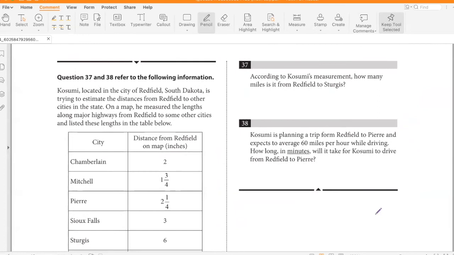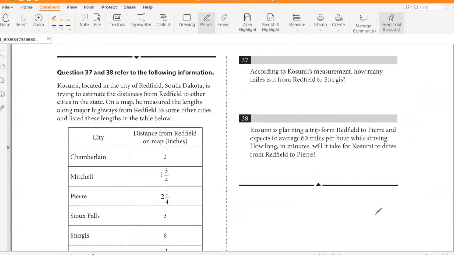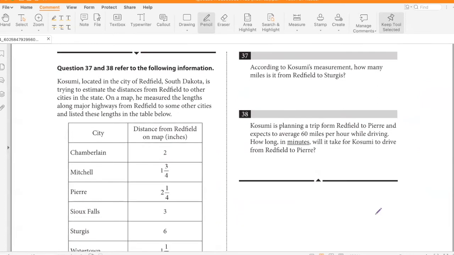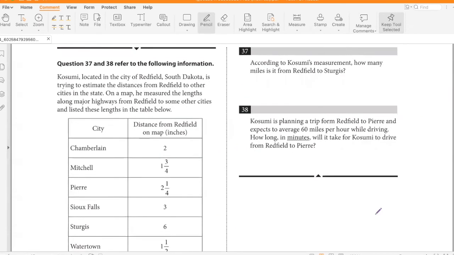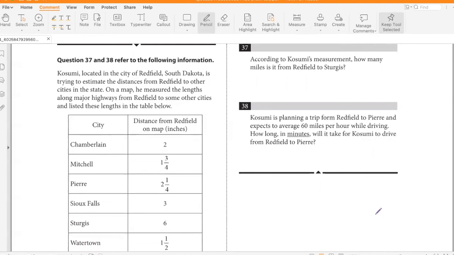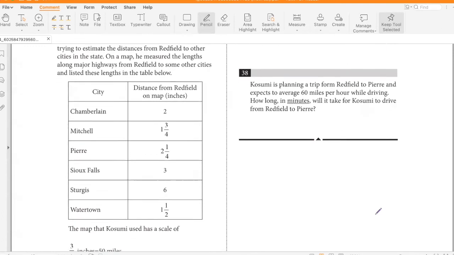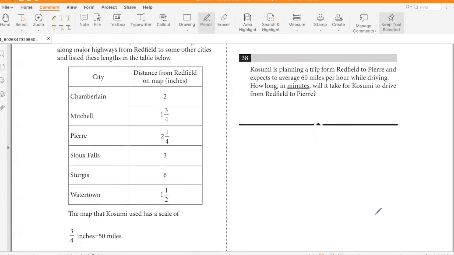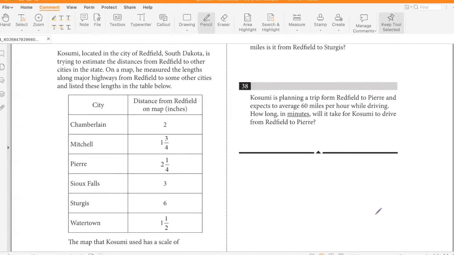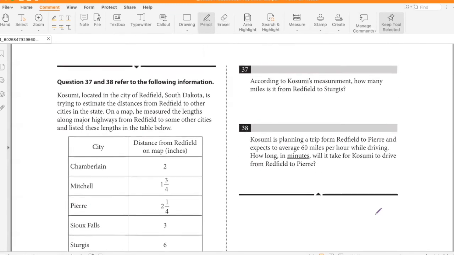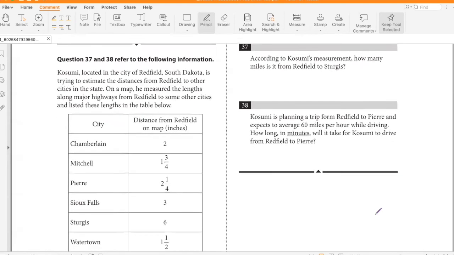Kosumi, located in the city of Redfield, South Dakota, is trying to estimate the distance from Redfield to other cities. On a map, he measured the length along major highways from Redfield to some other cities and listed these lengths in the table below. The map that Kosumi used has a scale of 3/4 of an inch is 50 miles. According to his measurement, how many miles is it from Redfield to Sturgis?